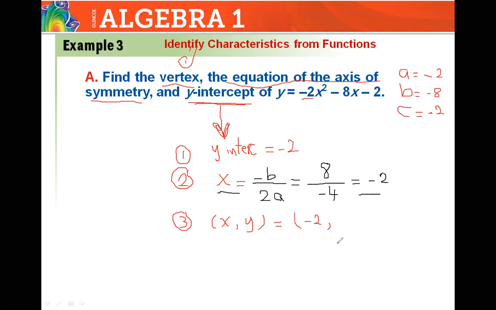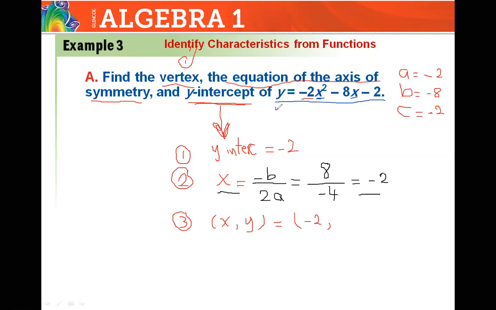What about the value of y? We will substitute in the original equation. Yes, this is our original equation. I'll substitute in it. It means every x, we put negative 2 and put its value, which is negative 2.